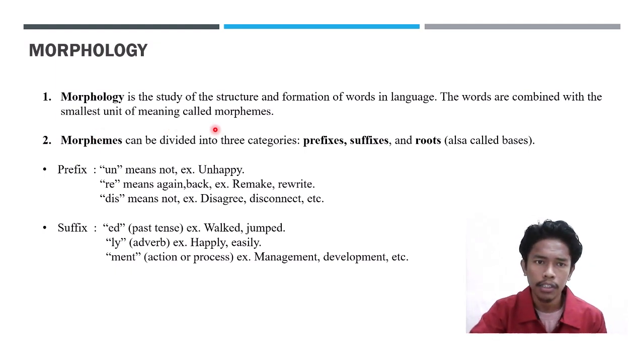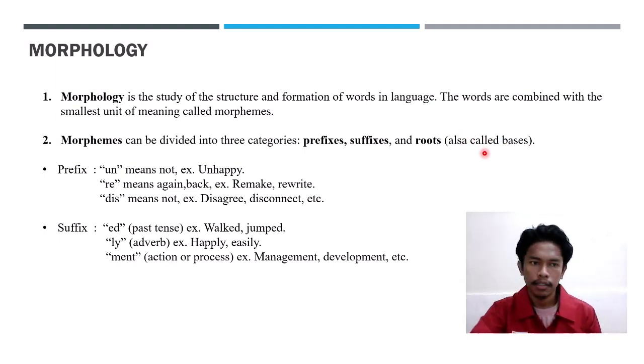So the smallest unit of meaning we call a morpheme. Morphemes can be divided into three categories: prefixes, suffixes, and roots, which we also call basic words.